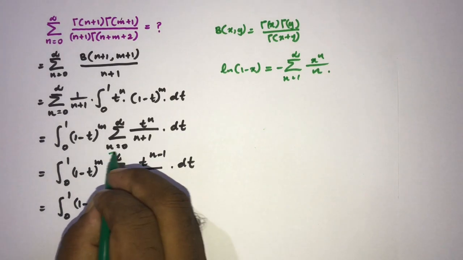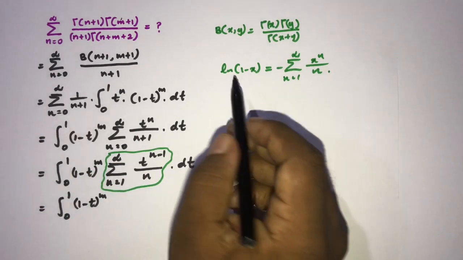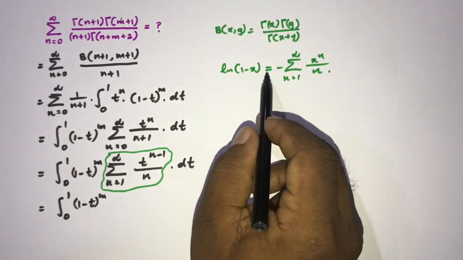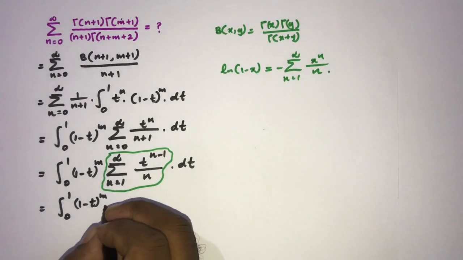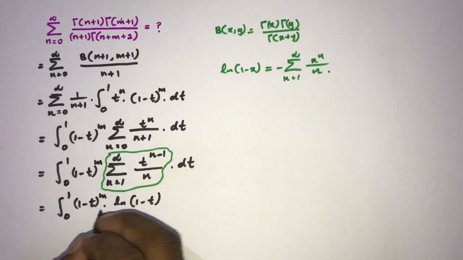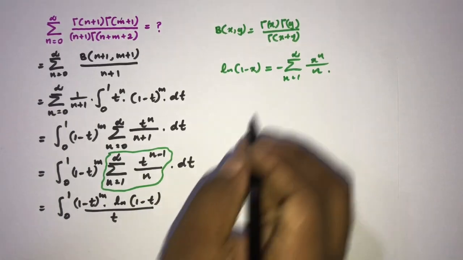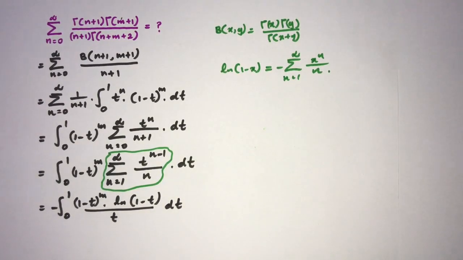Now instead of this series we can plug in minus natural log of 1 minus x over x. So we can write natural log of 1 minus t over t, with the minus sign, dt.